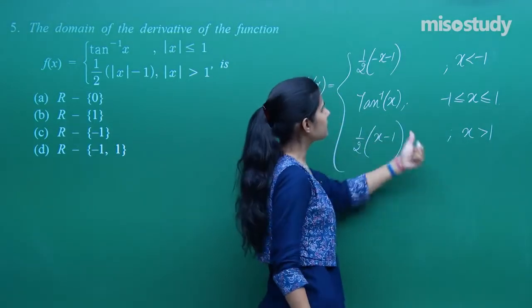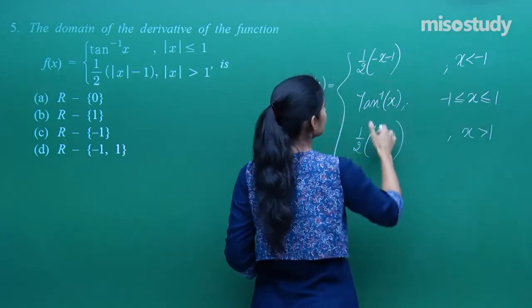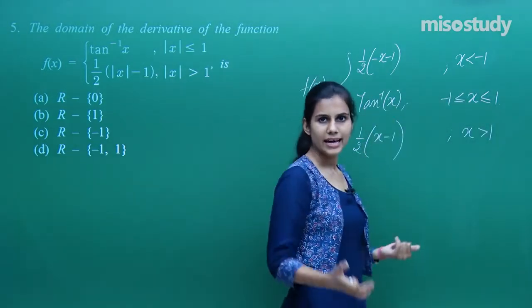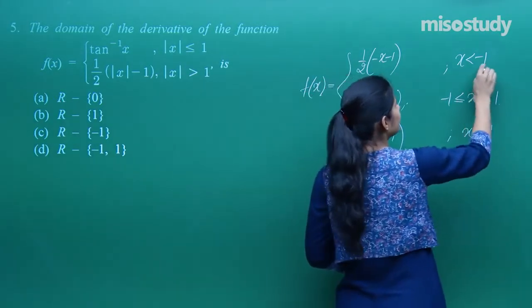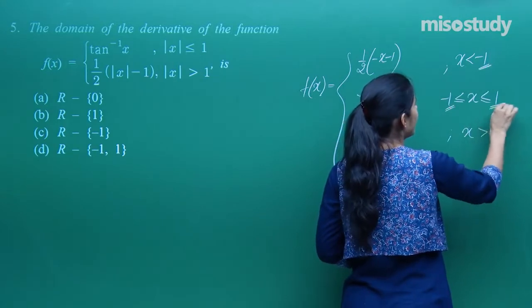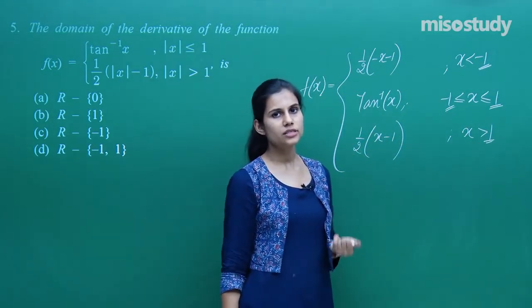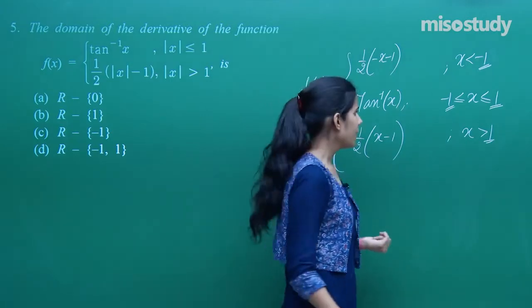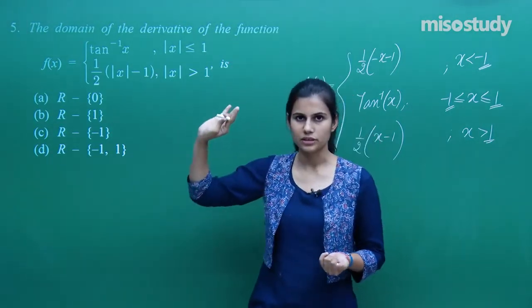If you carefully observe individually in these ranges, these functions are continuous as well as differentiable, right? But the problem is at these points minus 1 and 1. Let's check at these points whether the functions are continuous or differentiable or not. That is what is going to help us to define the domain of the derivative of this function, right?